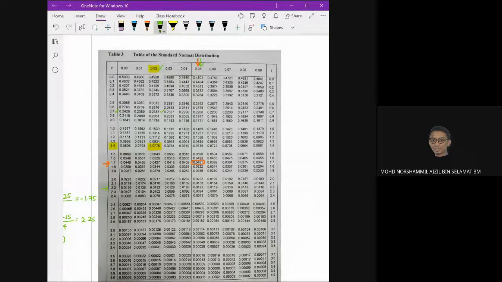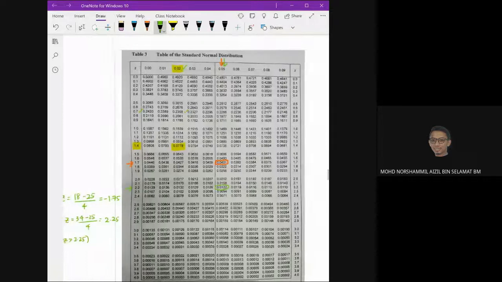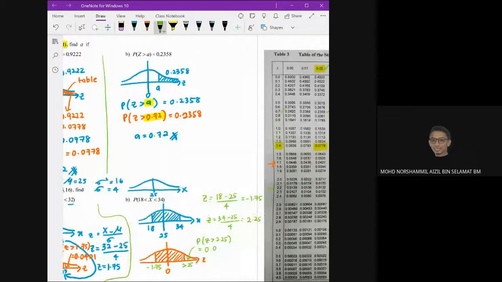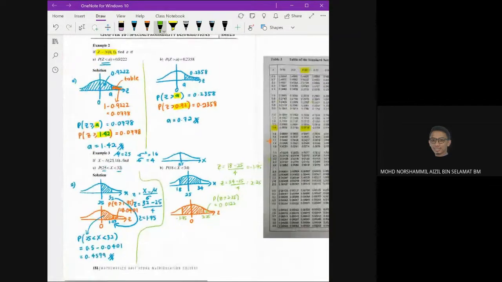So the value is this one, right? Yes, sir. 0.0122. Logik lah kan? Kawasan dia pun kecil kat situ.